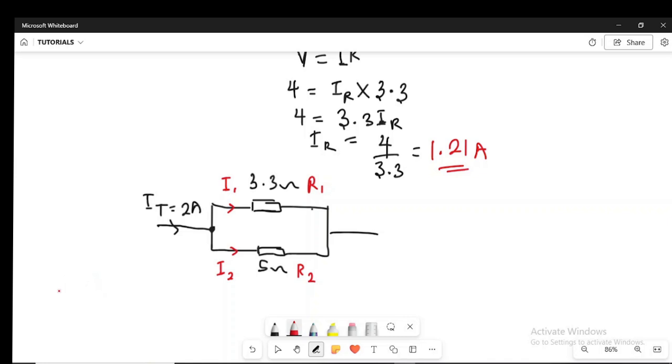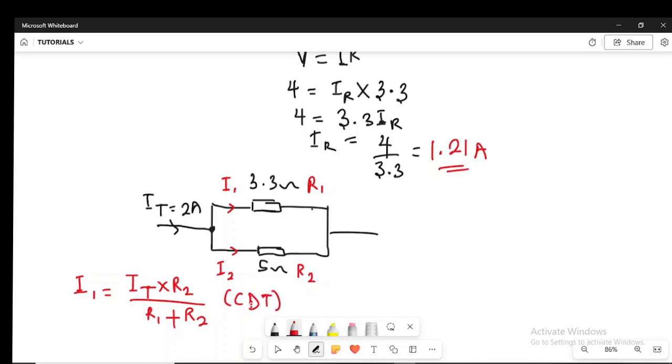Now what does it state? To calculate I1 using the current divider theorem, that's going to be the source current I total times the opposite resistance R2 over R1 plus R2. This is what we call CDT, the current divider theorem.